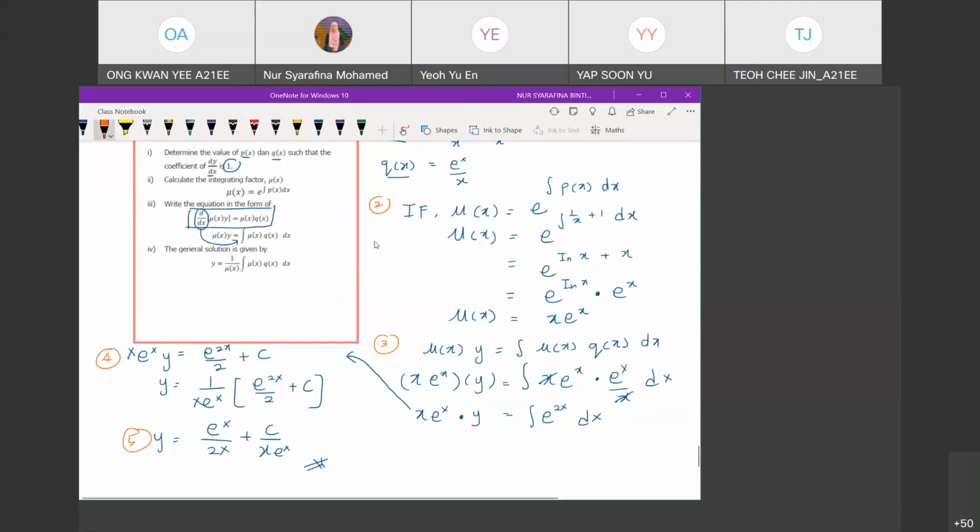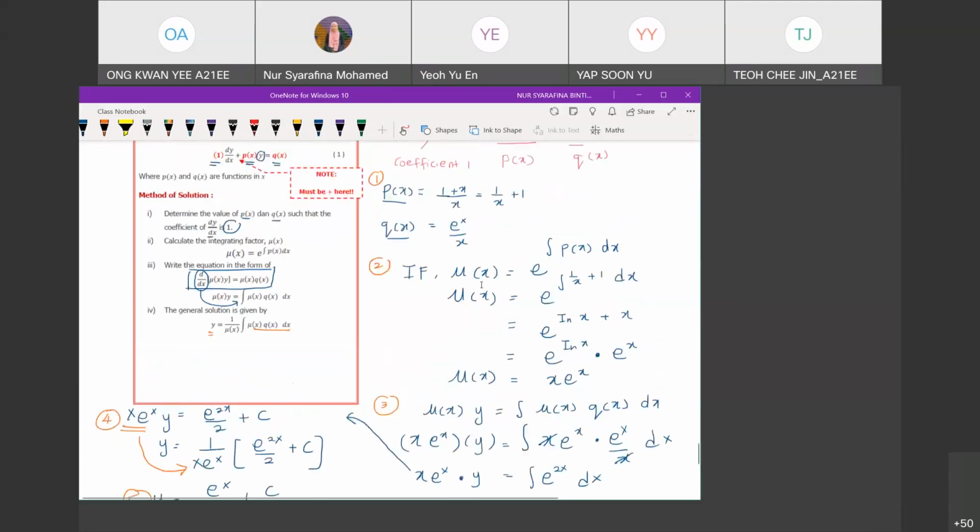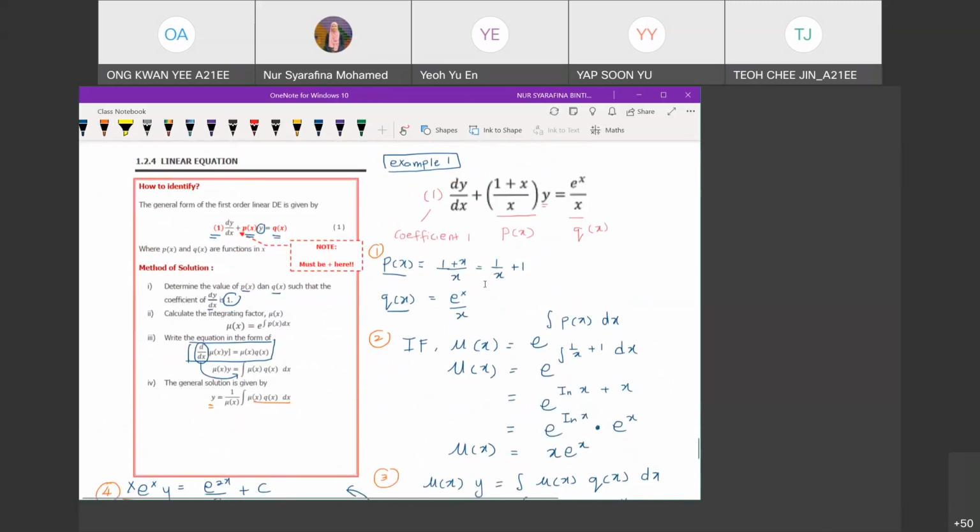For the last step, you just put y equals 1 over mu(x) times the integral, so this is your mu, just put it here and integrate. This is the product of integration that you have obtained. So first, make sure the equation is written in the form of dy/dx with the coefficient equal to 1, dy/dx plus P(x) y equals Q(x). Then you can identify what your P(x) and Q(x) are. Second step, find the integrating factor.